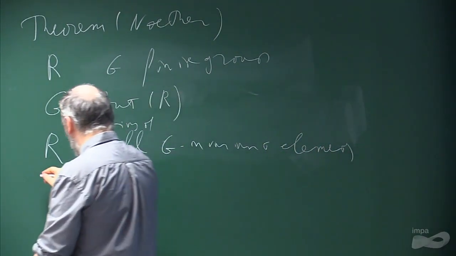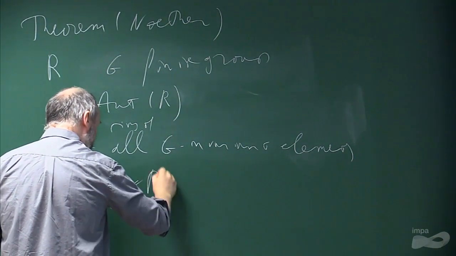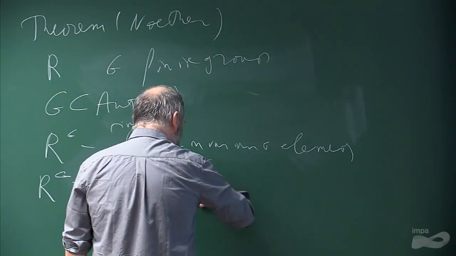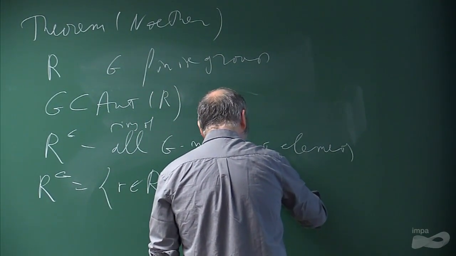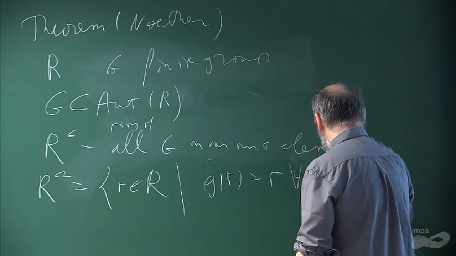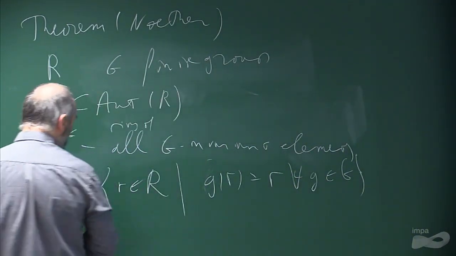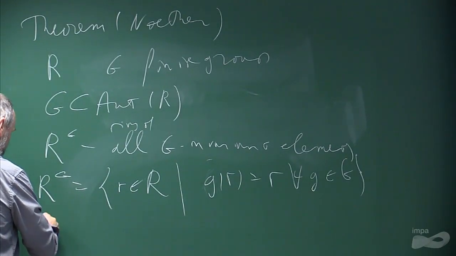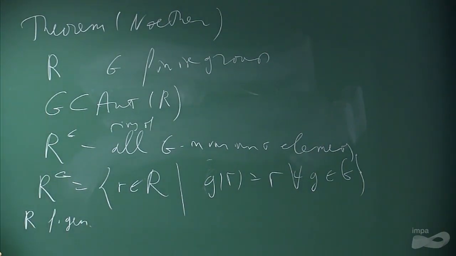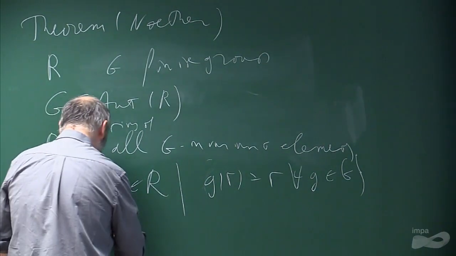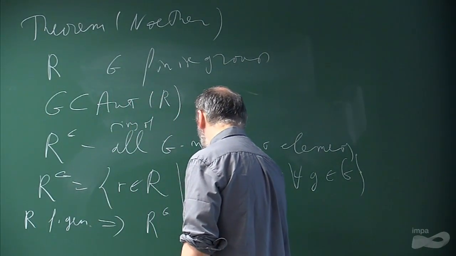This is R^G, the set of all r inside your ring such that g(r) is r for all g inside G. This is what invariant means. And if R is finitely generated, which means it's a quotient of polynomials in finitely many variables, then R^G is finitely generated.